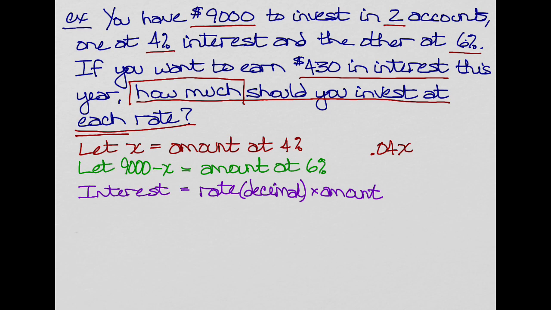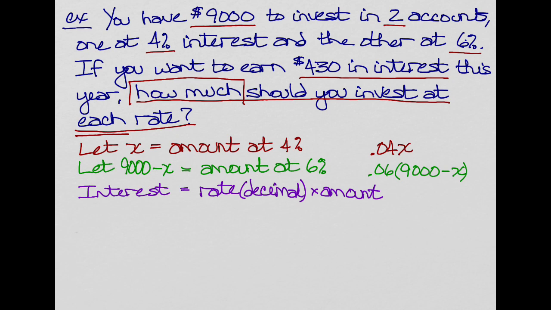The amount of interest I get from the other account is its rate, 6%, times its amount. And again, I don't know what amount that is yet, but I have a name for it. It's 9,000 minus x. I want to earn $430 in interest on the two accounts. So let's see.